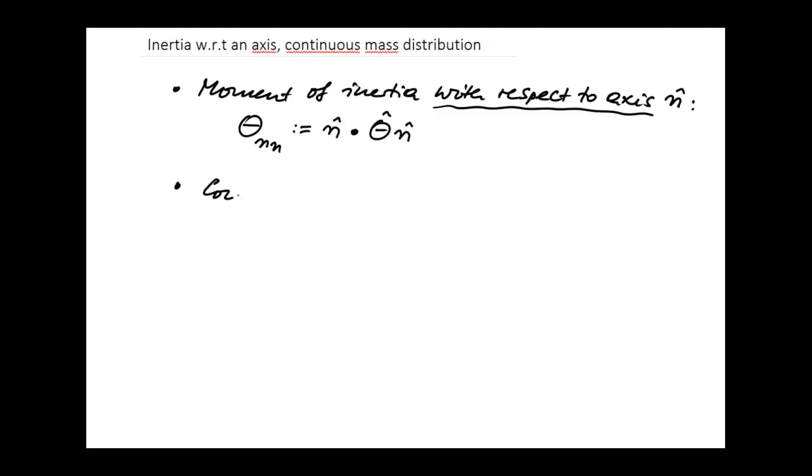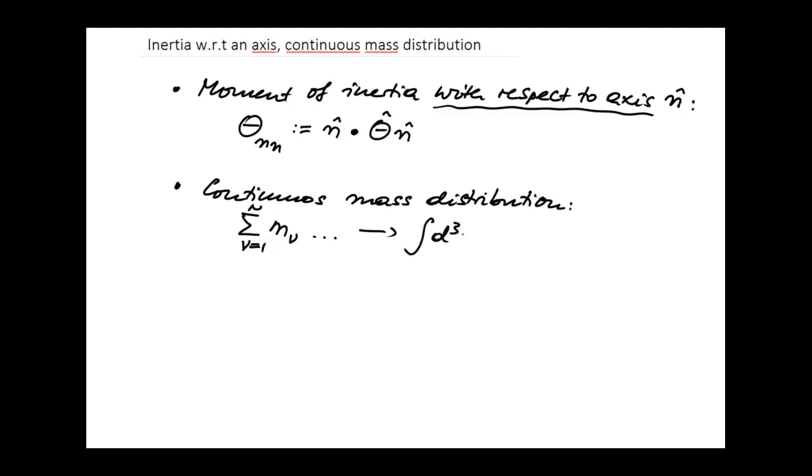Often, however, you don't have discrete mass points, but you have a continuous distribution of mass, and then all the results carry over, only that you have to replace these discrete sums by integrals over space, and then you have a density function, the mass density, which may vary with position.